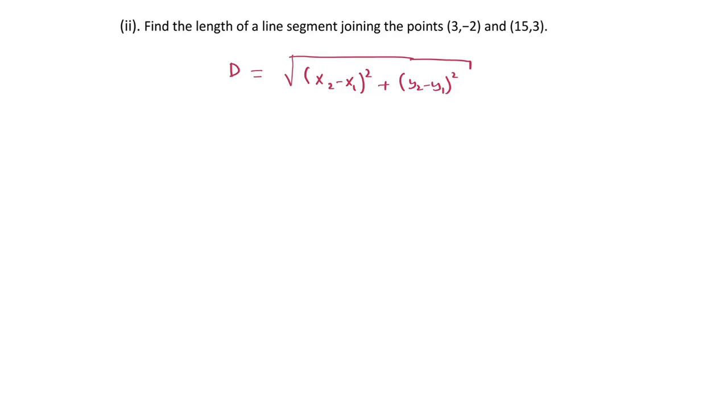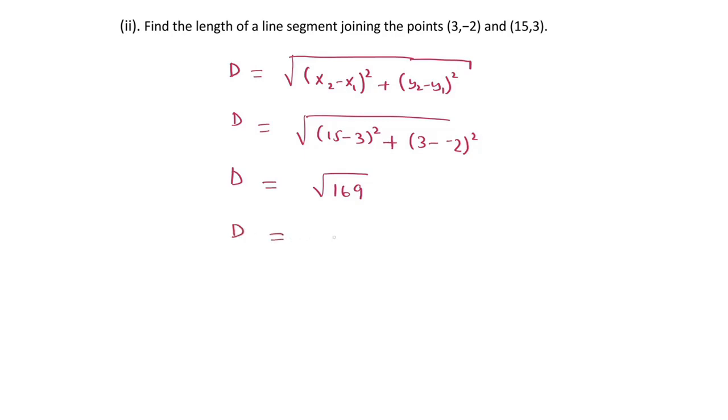We are going to have distance equals under root in brackets 15 minus 3 squared plus in brackets 3 minus negative 2 squared. Solving this, we are going to have distance equals under root 169, so distance equals 13 units, and this is the length required.